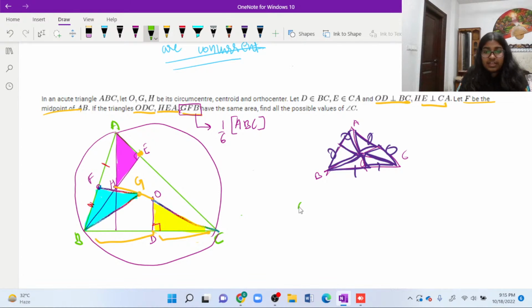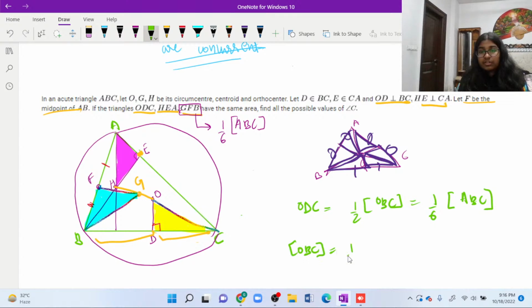So that just means the area of ODC, which is half the area of OBC, equals 1/6 of the area of ABC. That means the area of OBC is 1/3 of the area of ABC, and the area of BGC is also 1/3 of the area of ABC.